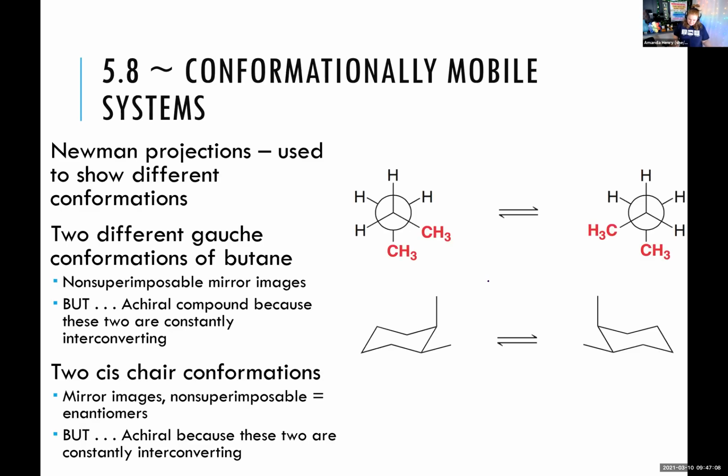We're going to do one more Fischer thing. Here's my Fischer projection.